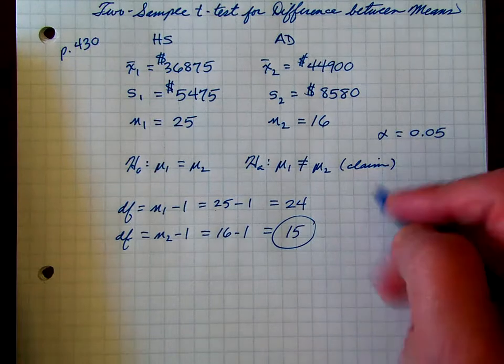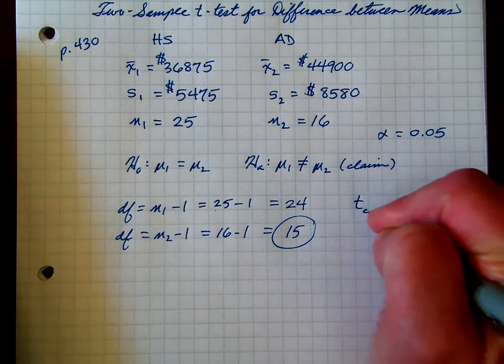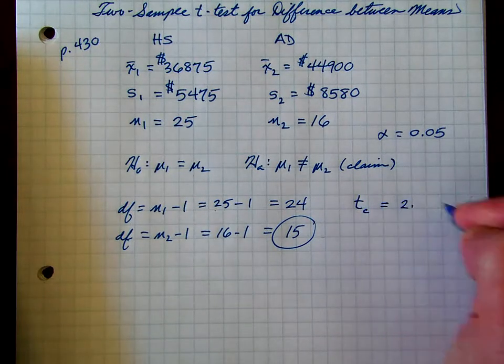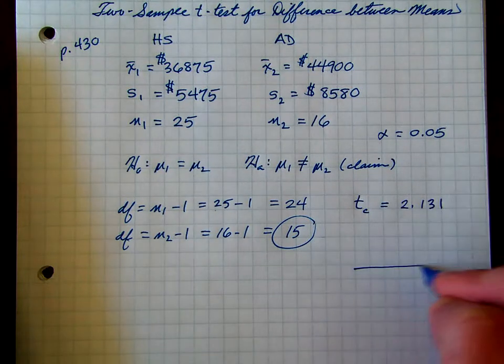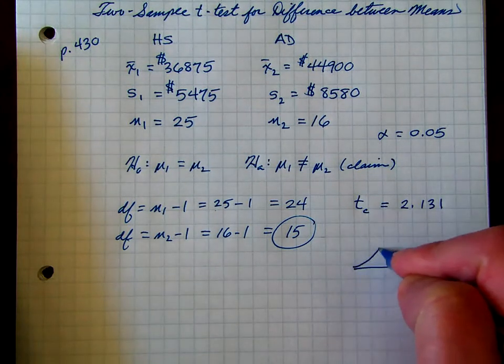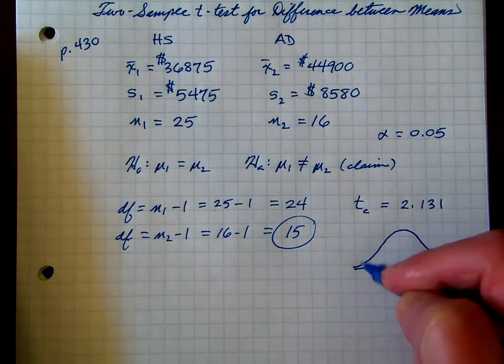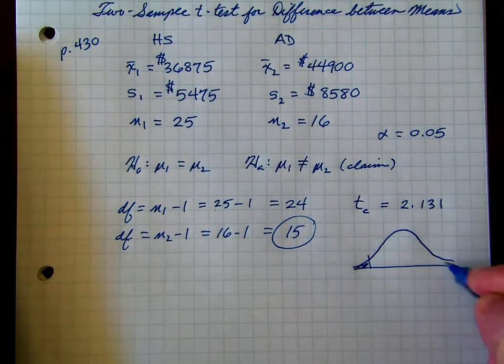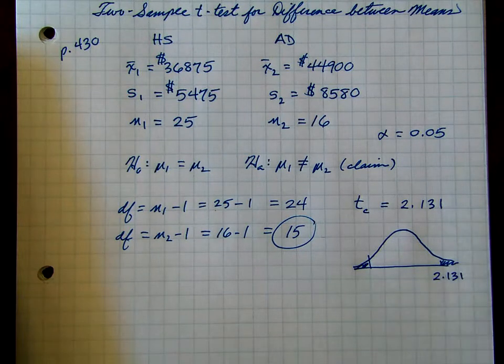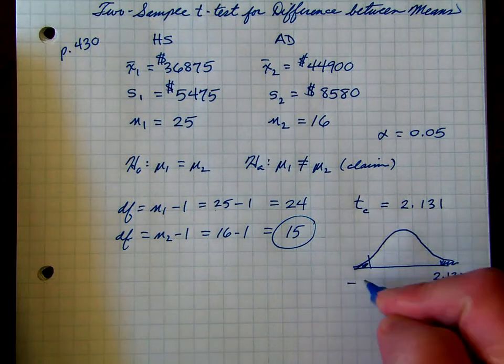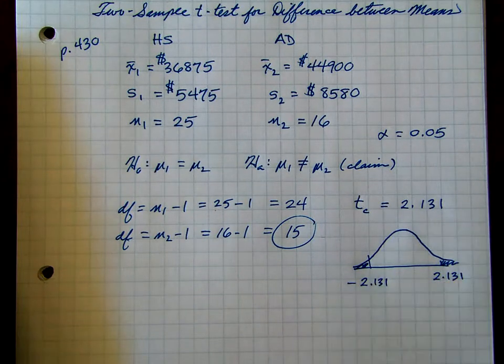Okay? So my critical t value is 2.131. If I were looking at a t distribution and looking at 0.025 at either end, I'd have 2.131 on one side and minus 2.131 on the other.